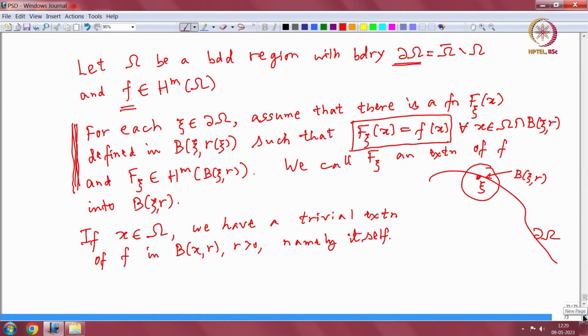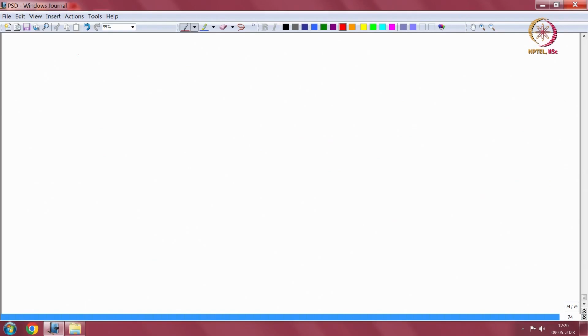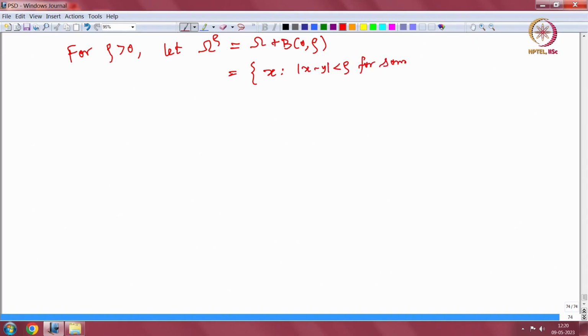So, one more notation. Okay. So, for rho positive, we already introduced this one, but let omega rho be omega plus B rho. So, this is the set of all x such that the distance of x from y is less than rho for some y in omega.